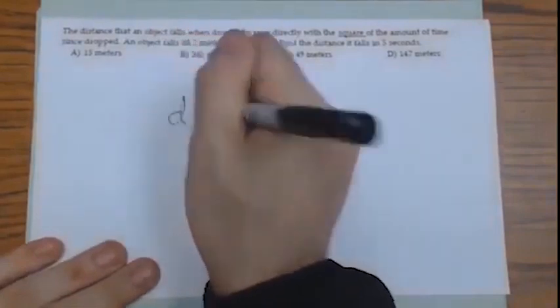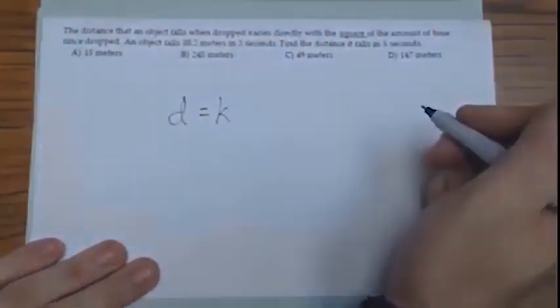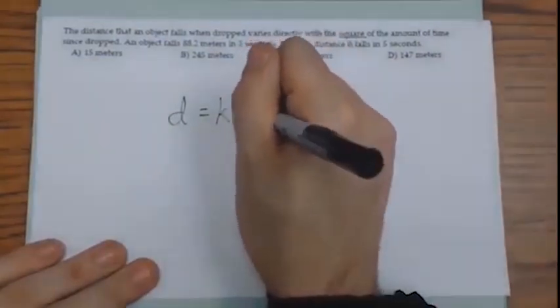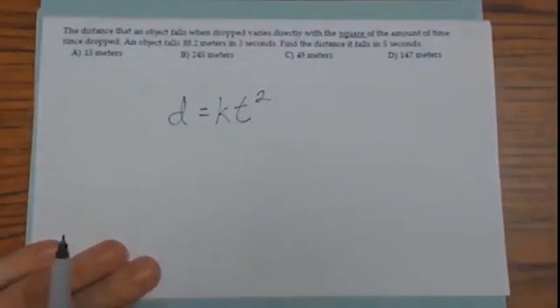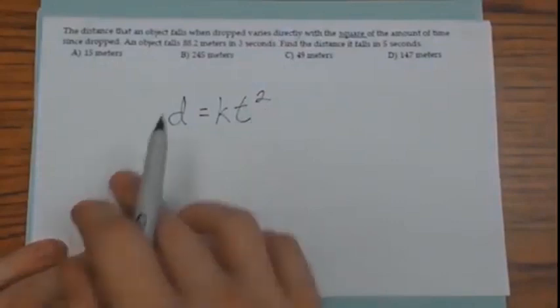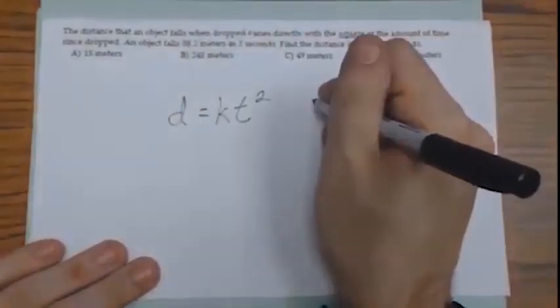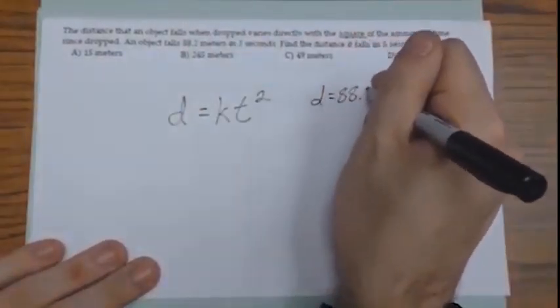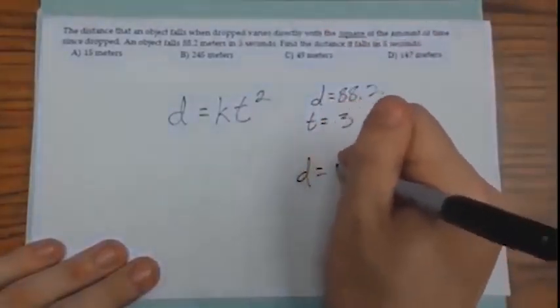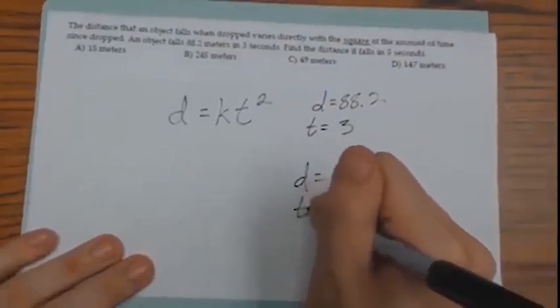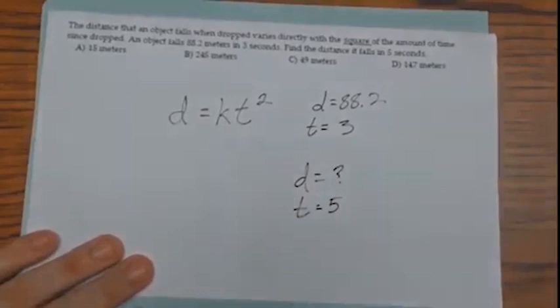The distance that an object falls when dropped varies directly with the square of the amount of time since dropped. Distance varies directly with the square of time. D equals kt squared. An object falls 88.2 meters, so D is 88.2, in 3 seconds when T is 3. Find the distance it falls in 5 seconds when T equals 5.